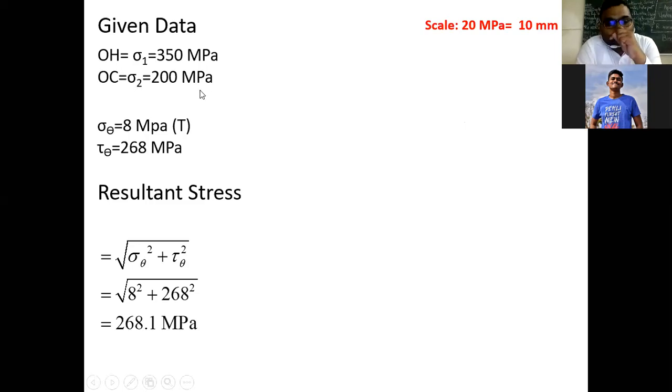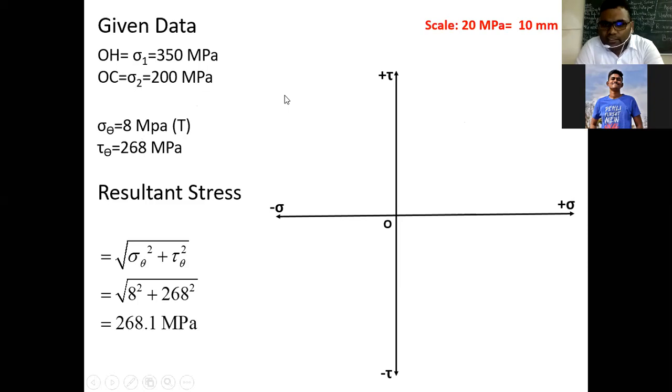Then we need to find sigma theta and tau theta. Let's solve the numerical. First draw the x-axis and then the y-axis. Very simple. Now draw sigma 1 and sigma 2. Take the scale as usual.